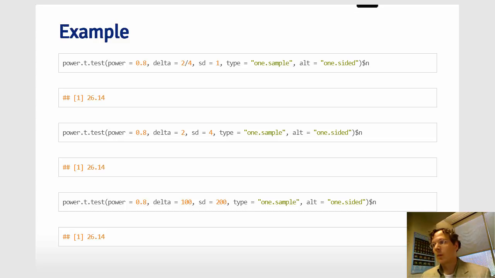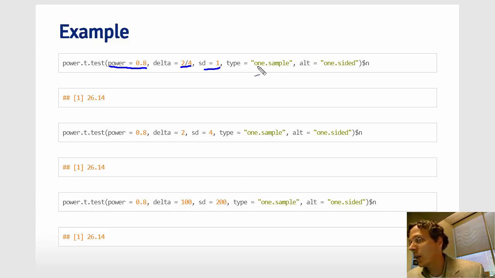Okay, so now here, I'm going to again show you in all three cases that it only depends on the effect size. So here, I'm specifying delta of 0.5 and my standard deviation of 1, so an effect size of 0.5 divided by 1, or 0.5, and I'm telling power.t.test I'd like to know what is the relevant sample size if I wanted a power of 80%.